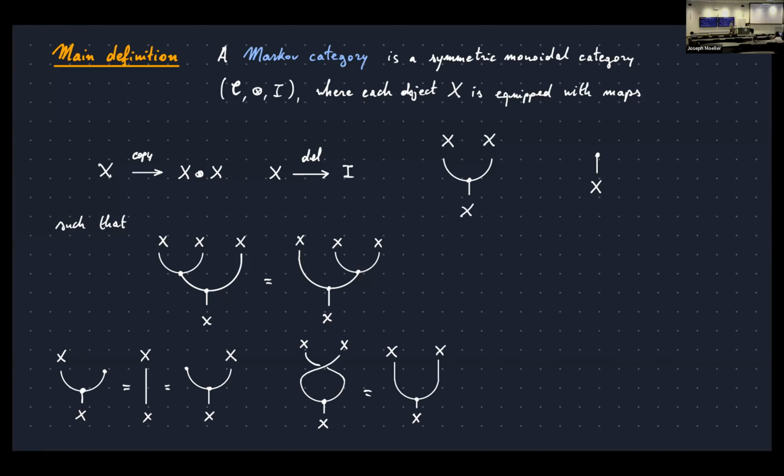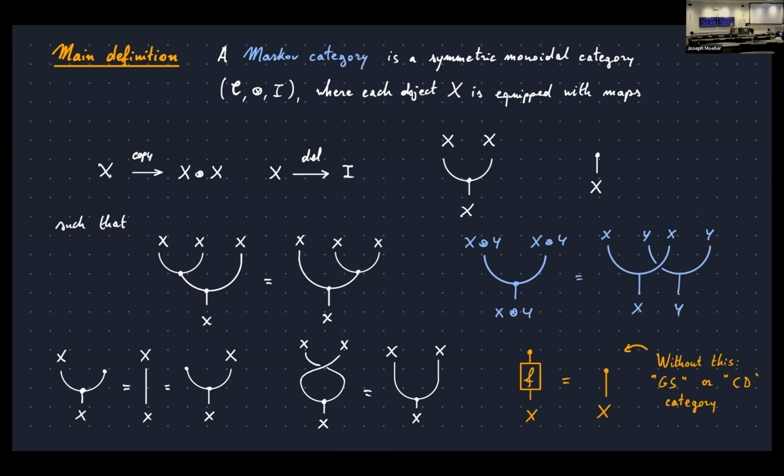Now, on top of this, we need the copies to be compatible with the tensor product. And here is an optional axiom which we assume for simplicity. We want the category to be semi-Cartesian, as in the unit is the terminal object, or equivalently, applying a morphism and then discarding the result is the same thing as discarding the inputs to begin with, right?